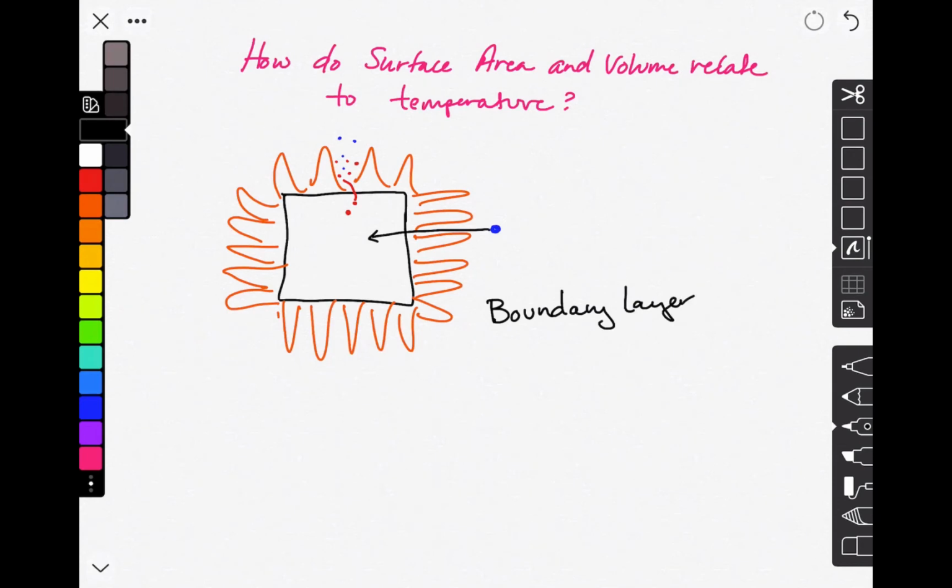And if you really want to think about the boundary layer in a very simple way, what I would think about is I'd think about this fur and these little heat molecules, and that actually increases the effective size of our animal. And by increasing the effective size of our animal, now there's a greater boundary between the animal and the outside.